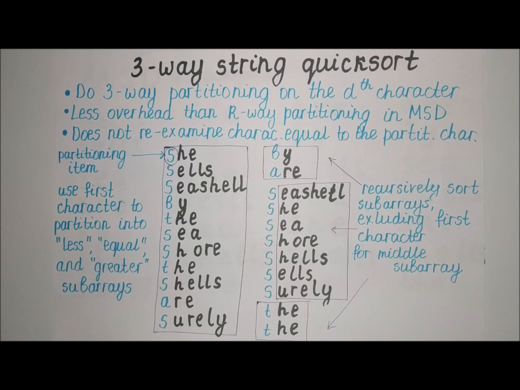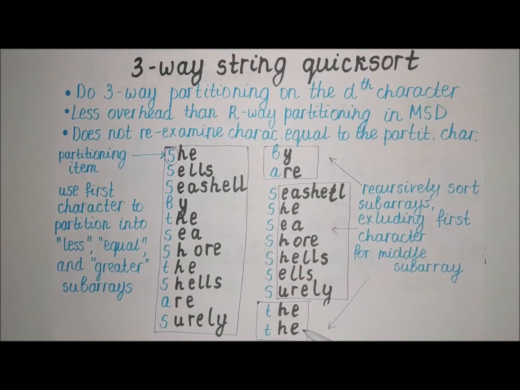As a partitioning item, we take every time the first string's first character, and we use the first character to partition into less, equal, and greater subarrays. After partitioning on first characters, we recursively sort subarrays, excluding the first character for the middle subarray.